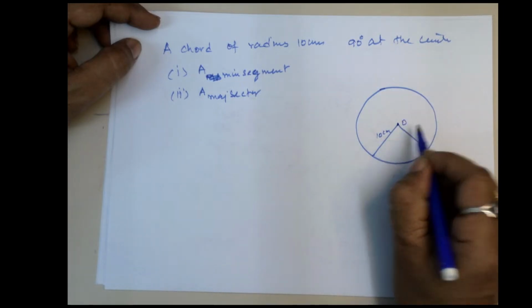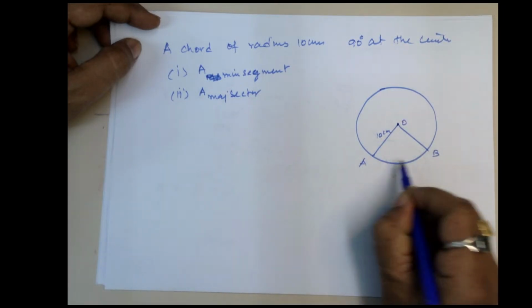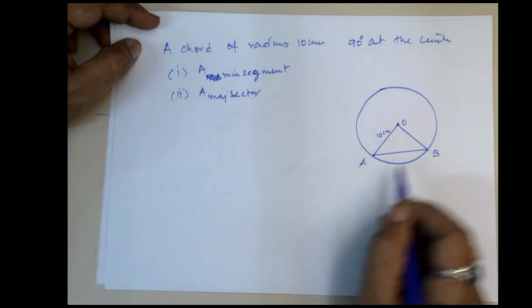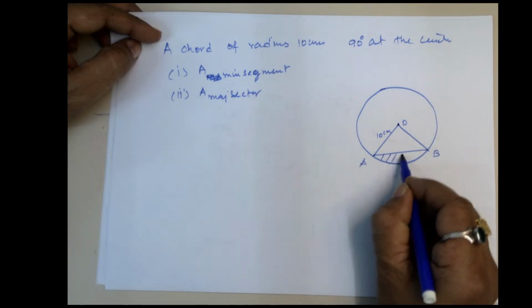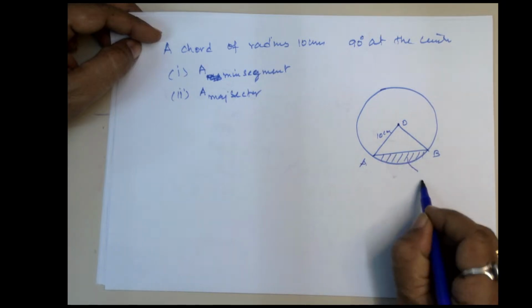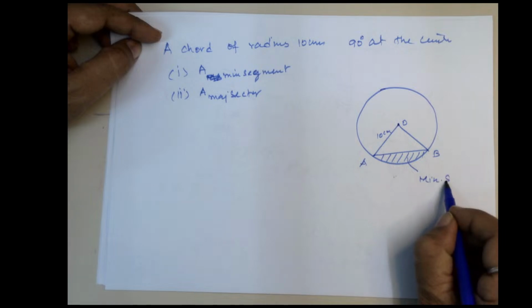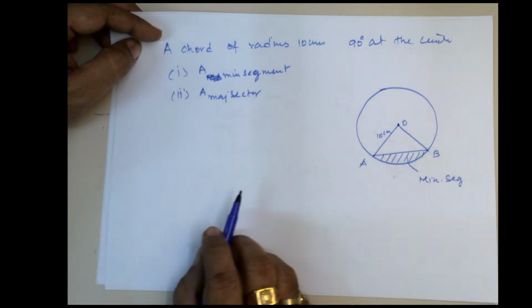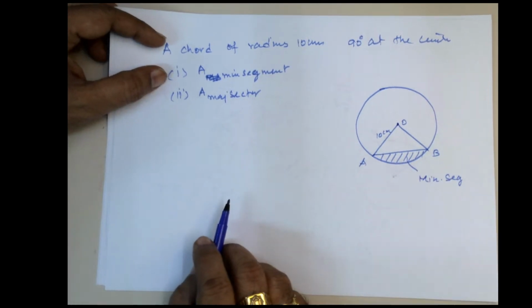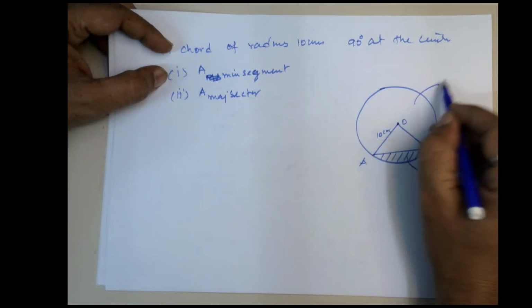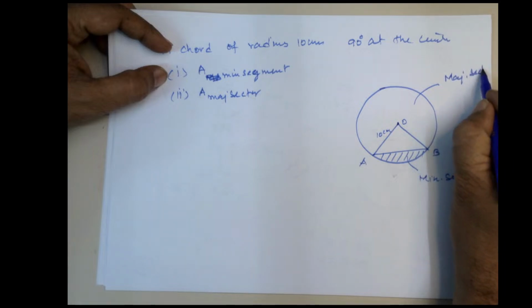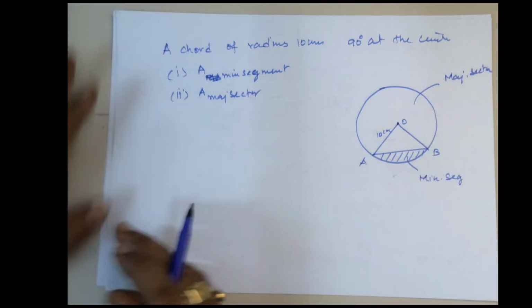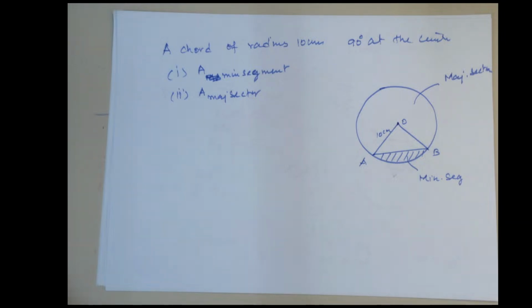This is O, A, B. AB is a chord length. And what is the minor segment? This is the minor segment. And what is the major sector? This portion is the major sector. Right? So you have to calculate accordingly.